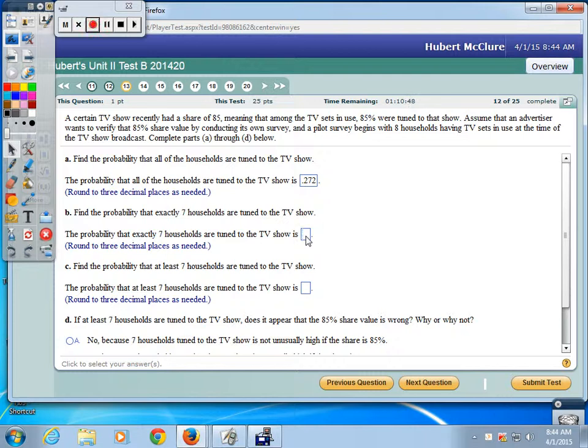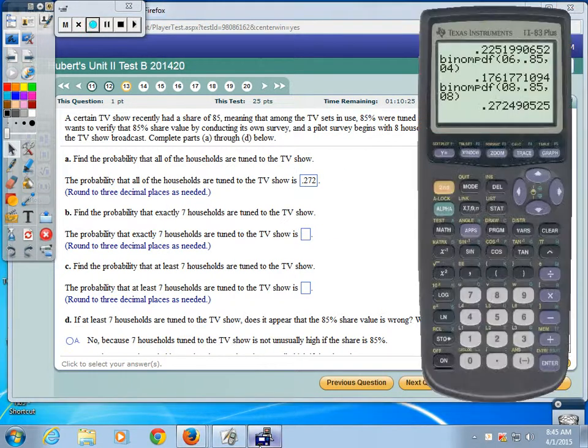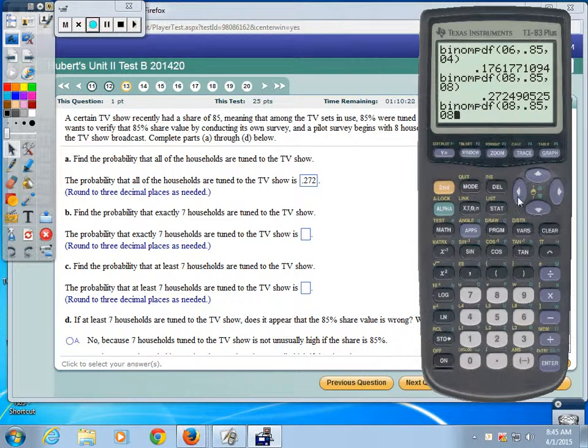Find the probability that exactly 7 households are tuned into the TV show. Exactly 7. So what would that be? N is 8, P is 85, and X is 7.